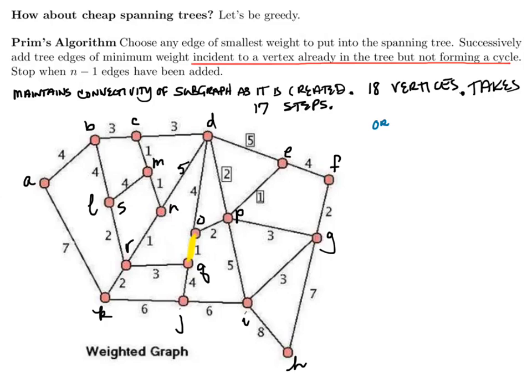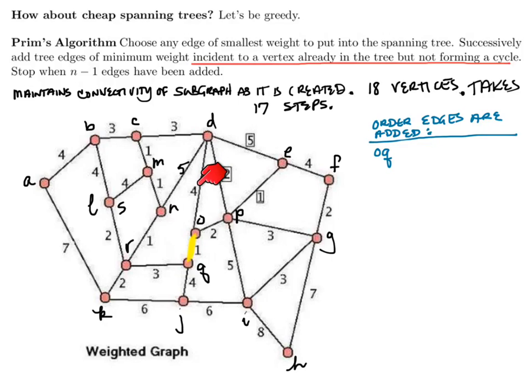And I'm going to start by adding the edge OQ. Let me just write the edges down in the order that I am adding them. The next step is to examine all the edges incident to the edge we just added, OQ, and look at their weights.